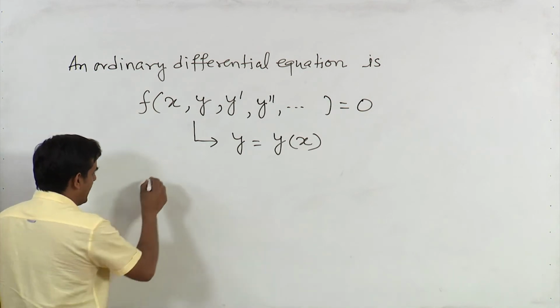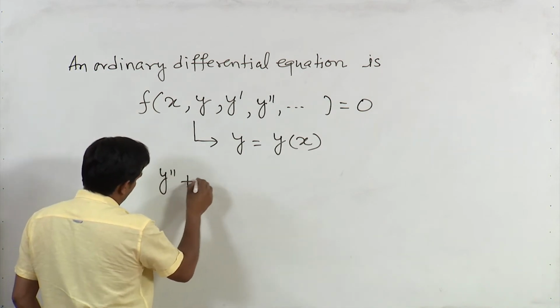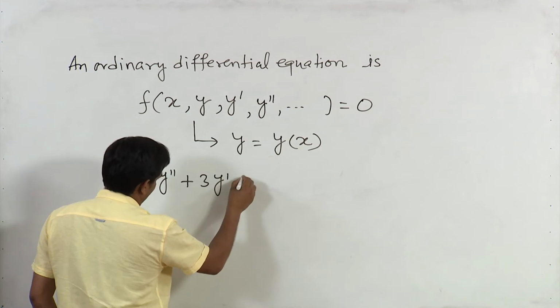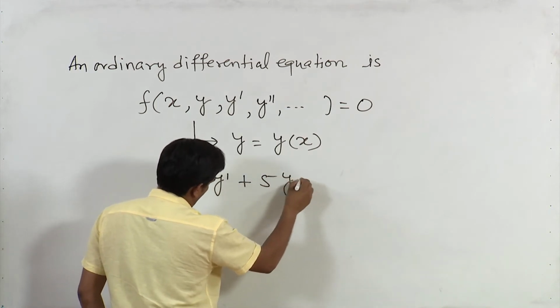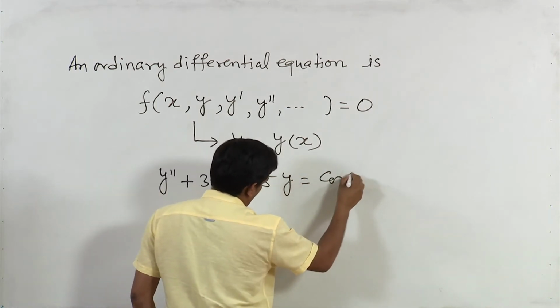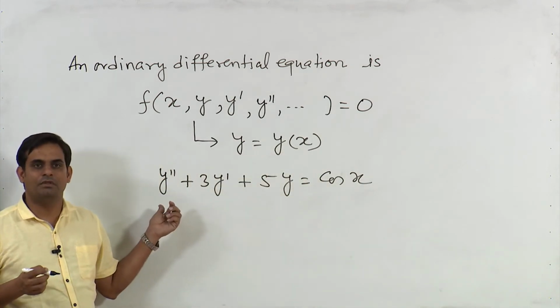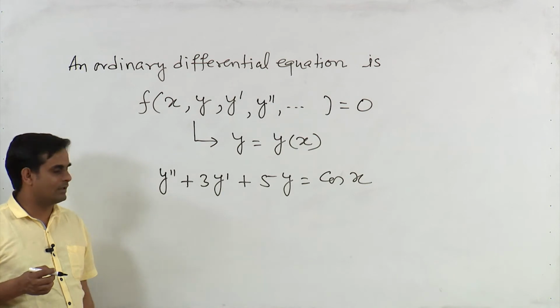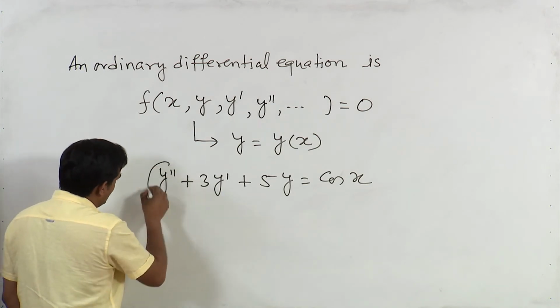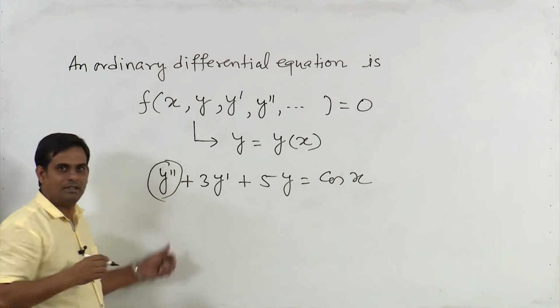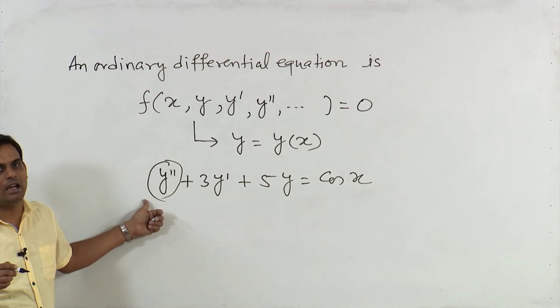For example, if I have a differential equation like this, it is a differential equation of second order, because here we have a second order derivative which is the highest order derivative in the given equation.